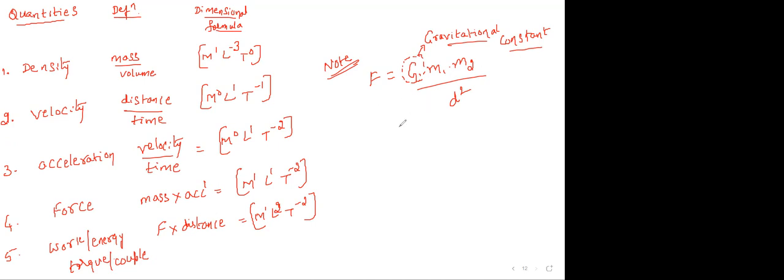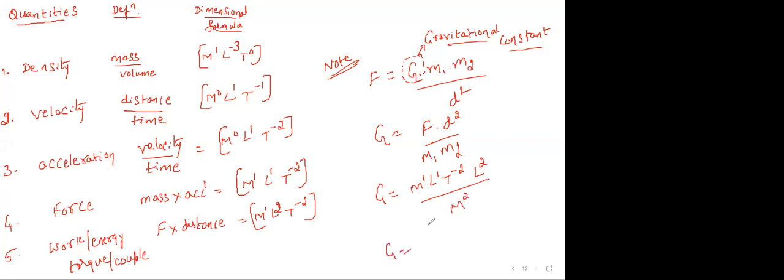From this equation, you know that the gravitational constant is F into D squared divided by M1, M2. So what is force? Dimensional formula for force is M1 L1 T minus 2. Distance squared means L squared. Mass into mass means M power 2.